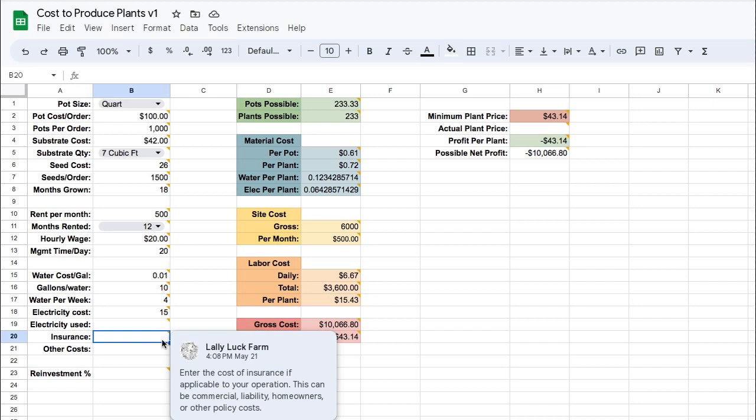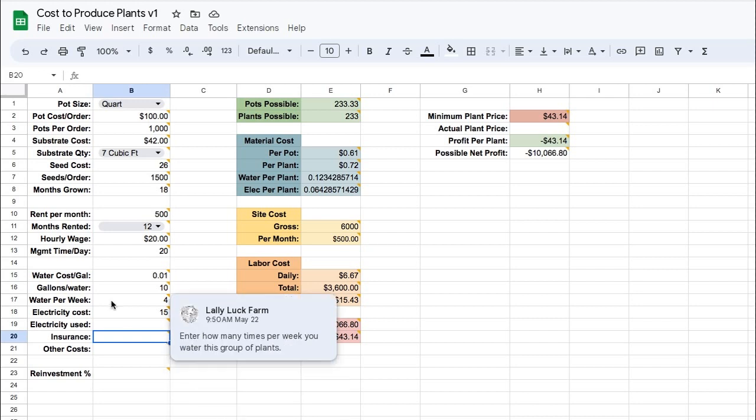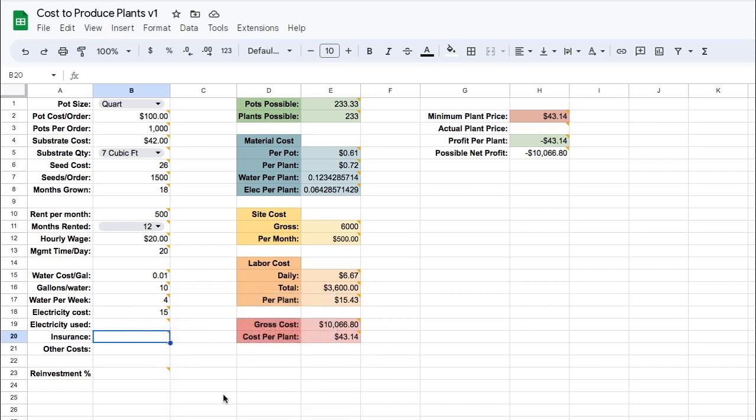Are you doing it out of your home, and does your homeowner's insurance require you to carry an additional rider on your policy? I would list that here. Or if you are looking for your venture to pay for all of your homeowner's or renter's insurance, I would enter your costs here so that you can get a good understanding of what kinds of investment it will take for you to be able to recoup those costs with these plants.